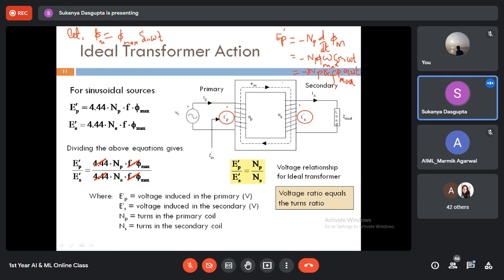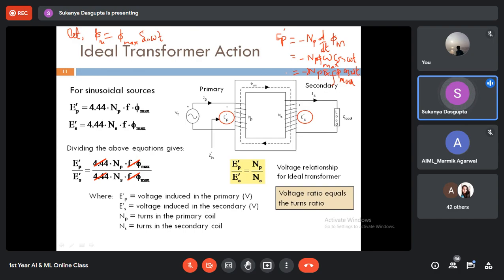And now, this constant 2 pi f Np phi max is actually Ep max, the maximum value, the peak value of the voltage signal.